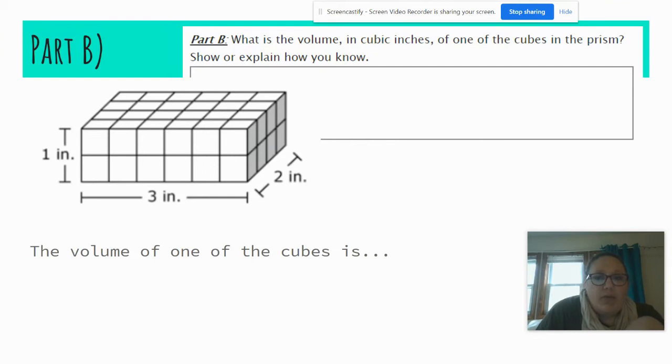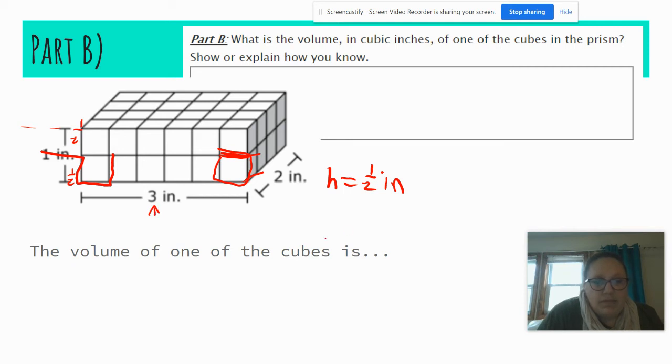What is the volume of one of the cubes? So again, we have many cubes packed into one prism, but now we're just focusing on one little cube here. Actually, I'm going to highlight this one. So let's look at just this little cube. I know that the height of each cube would be 1/2 inch, because the whole height is 1 inch, so it would make 1/2 and 1/2 to split up between the 2 cubes.